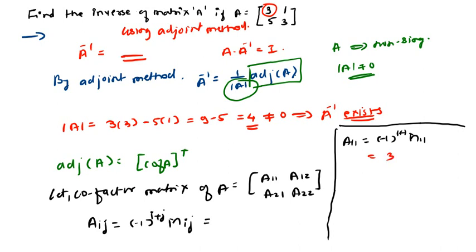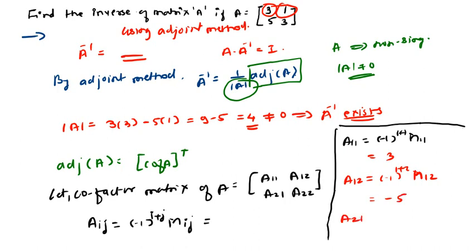So A11 is 3. Now we can find A12, which is minus 1 raised to 1 plus 2 into M12. Minus 1 raised to 1 plus 2, that is 3, so this will be minus M12, and M12 is the minor of the element A12. The minor of the element A12 will be 5. So this will be the value 5.